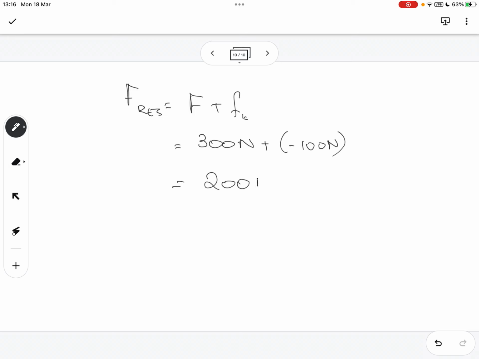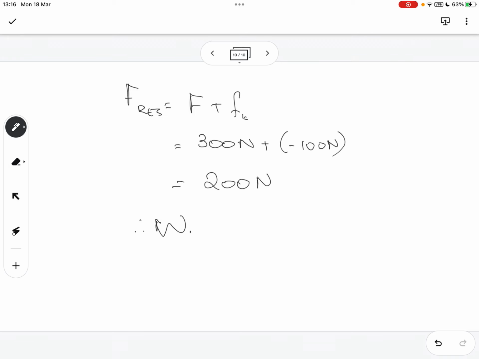And then approach 2 would be simply calculating the resultant force acting on the car. So the resultant force would be the sum of all the forces. So it would be F plus friction, which is 300 Newton plus negative 100 Newton, which is 200 Newton.